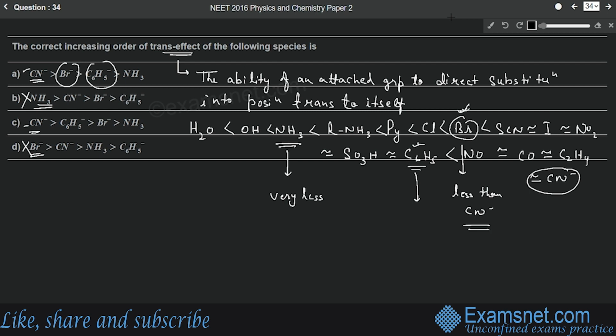That means bromide is less than cyanide, and also it is less than C6H5. So the trans effect of C6H5 should be more than that of bromide. That means which option should be the correct one? Option C should be the correct one. Okay, CN minus maximum, then C6H5, then bromide, and then ammonia is very less. So option C will be the correct answer.